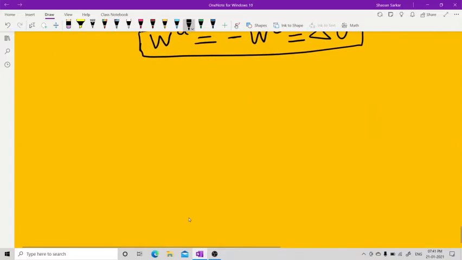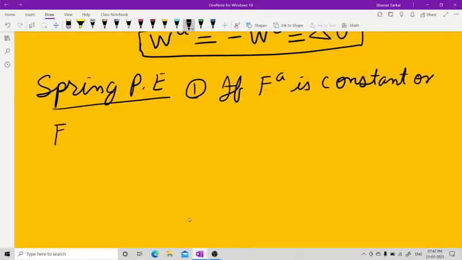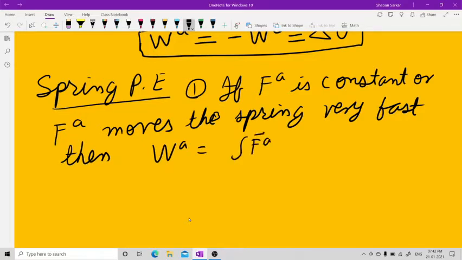Now, the point is, spring potential energy we are coming to. Number one point, if Fa is constant, or Fa moves the spring very fast, then W applied is equal to the integral of Fa dot ds from 0 to x.